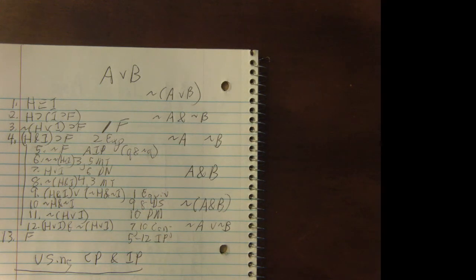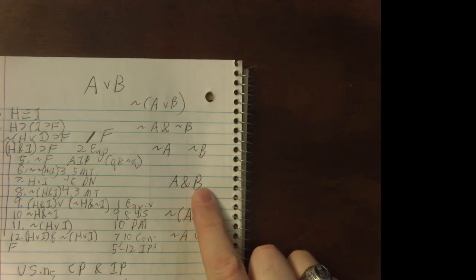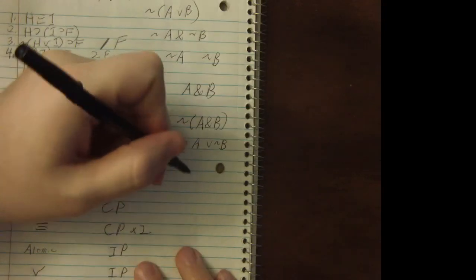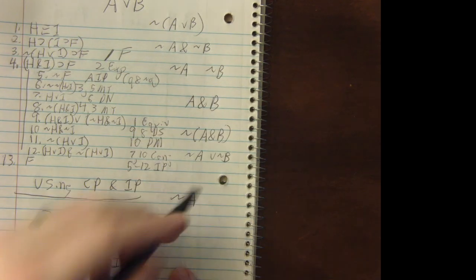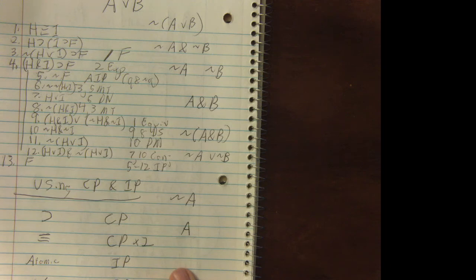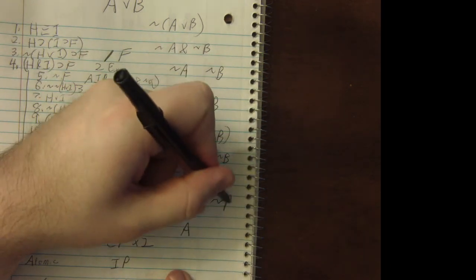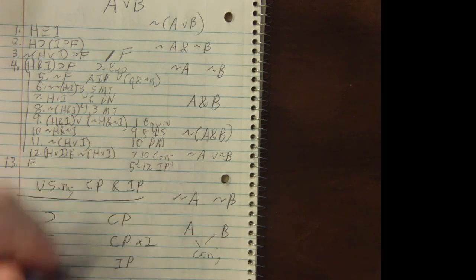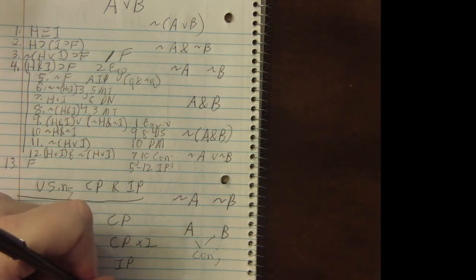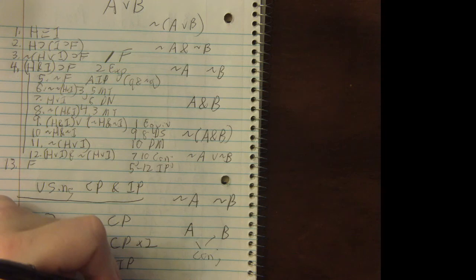However, if I want to prove A and B, and it looks useful and promising, I'll assume not A first, do one indirect proof to prove A, and then I'll do not B, do another indirect proof to prove B, and then just conjunction at the end. So really with ands, I end up doing indirect proof times 2.